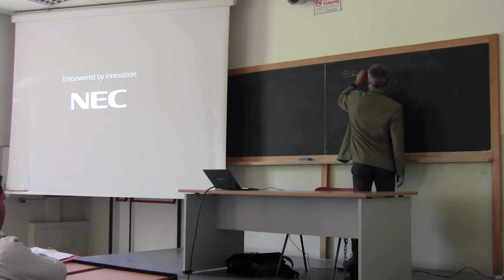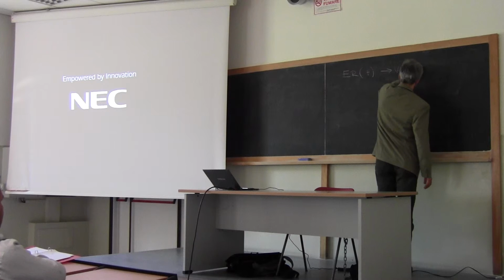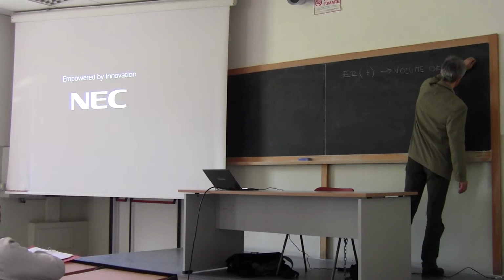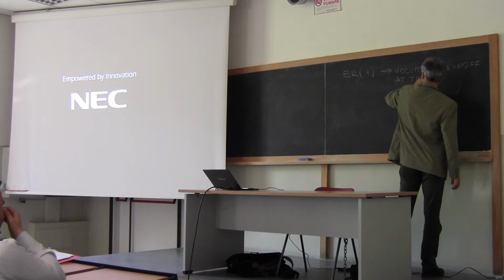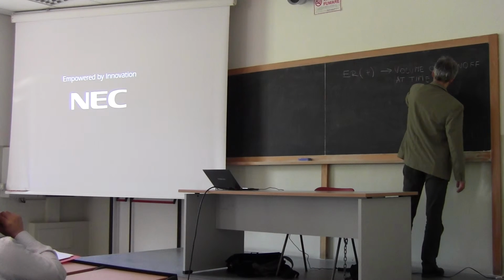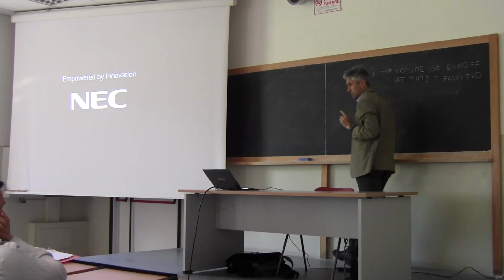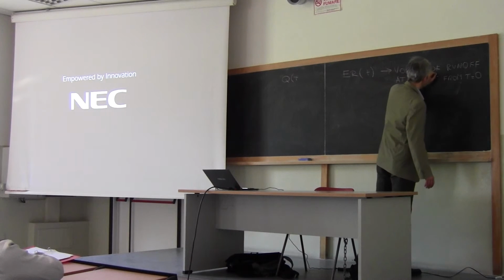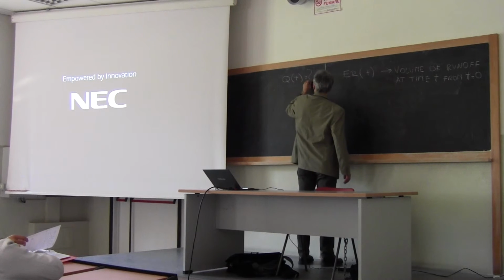So ER at time t is a volume, the volume of runoff from time 0. And now the question is, what is Q at time t? Let me use a lower case q. What is the discharge at time t?